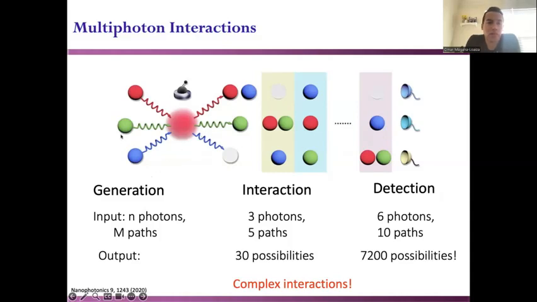Just to give you an idea, if we have, let's say, 3 photons, and 5 paths, this system can have 30 different interactions. And then if we increase the number of particles, for example, to 6, and if we increase the paths, then we can have 7,000 interactions. So this field utilizes all these possible interactions to do things.